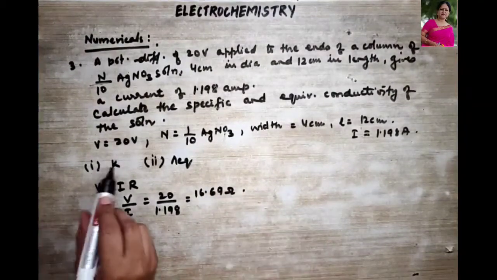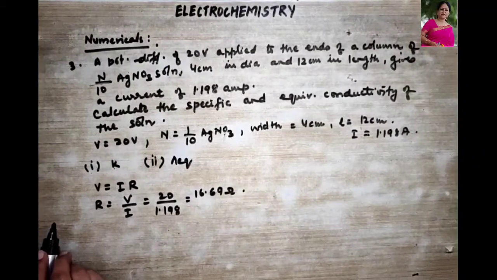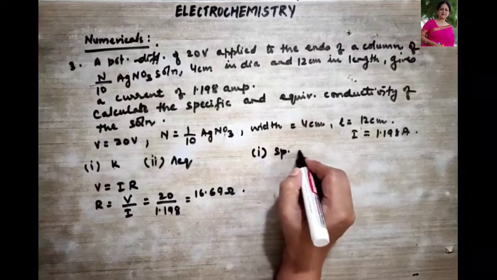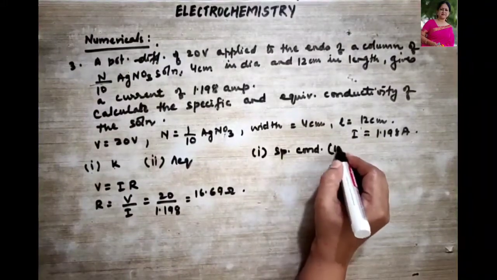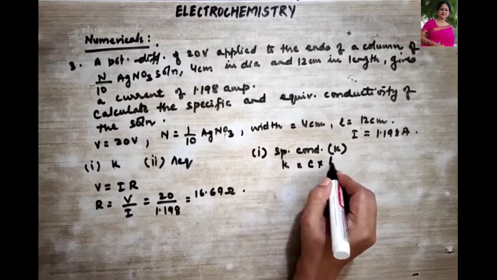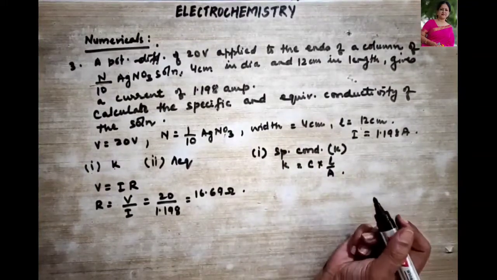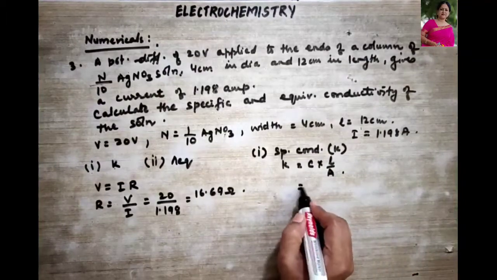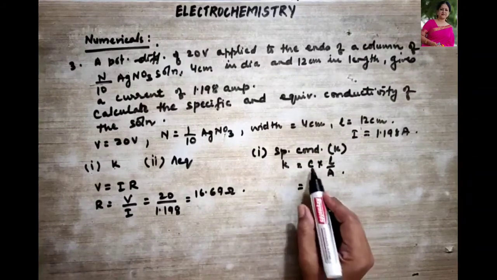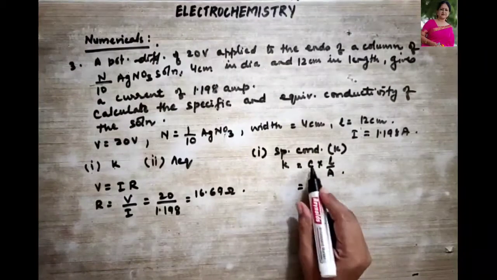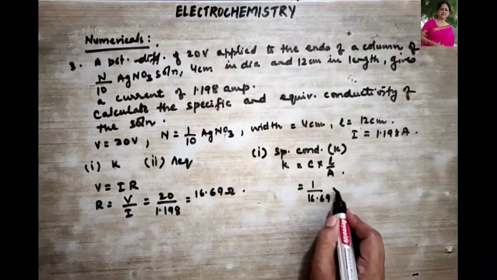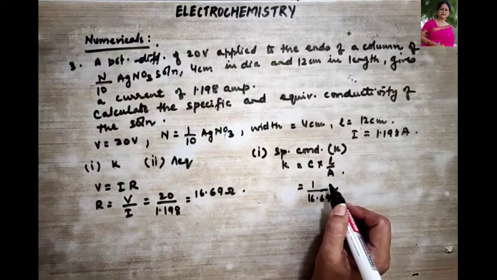Now let's calculate the specific conductivity. So kappa is equal to C into L upon A, right? So what is your C? 1 upon R, isn't it? C means 1 upon R, 1 upon 16.69, into L upon A.